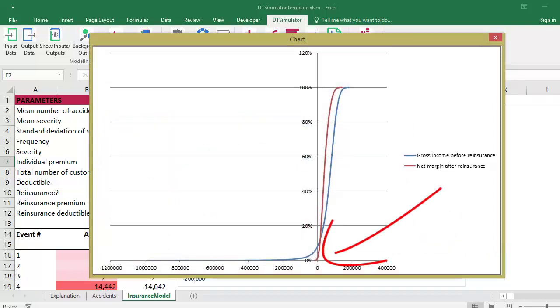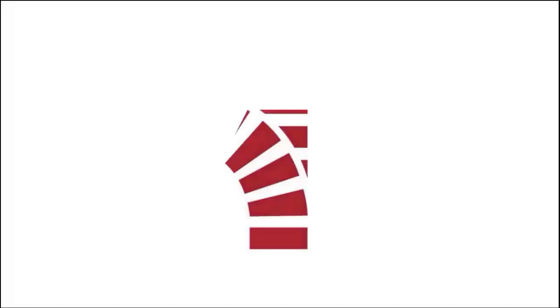As you can see, net margin after reinsurance curve starts very close to zero, whereas without reinsurance, losses extend on the negative side of the y-axis. That is essentially what a reinsurance stop-loss contract does. It limits the loss exposure of an insurance issuer. Even though the company stands here to gain less on average, it has limited the potential losses on the cumulative left-hand side of this chart on negative earnings.